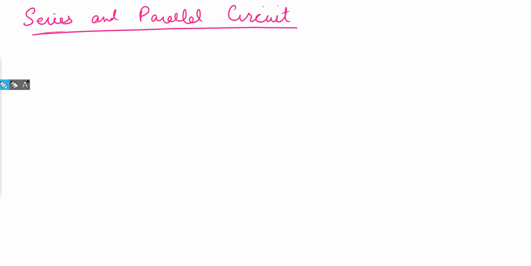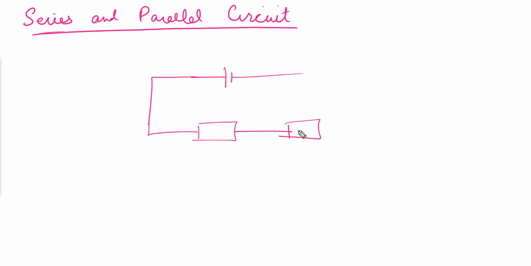So for example, I have a simple circuit where we have a battery that is connected with two resistors. This battery is of 10 volts, this resistor is of 5 ohms, and this resistor is of 20 ohms. In this circuit our goal is to find out the total energy and the total power.